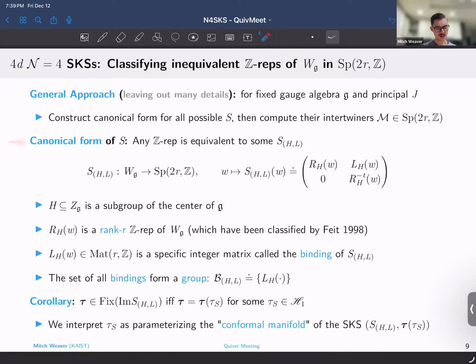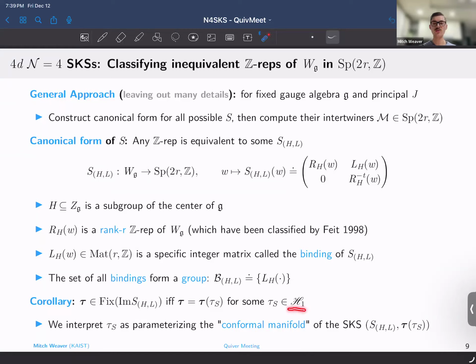Given the fact that we can write everything in this canonical form, one of the things you can immediately deduce, just by acting with this form of a Z-rep on a generic boldface tau and working through the algebra that requires tau to be fixed by this 2R matrix, is that boldface tau is actually parameterized by a complex parameter, which is not just a generic complex parameter, but actually must have positive imaginary part.